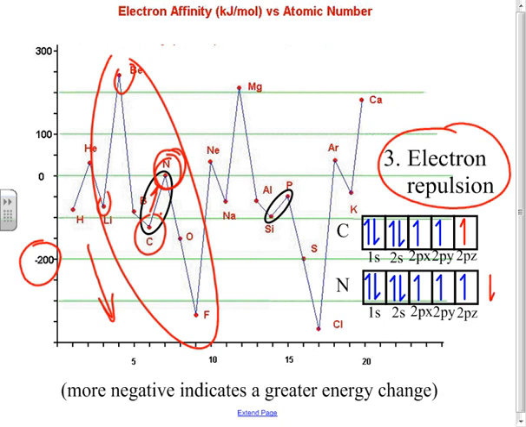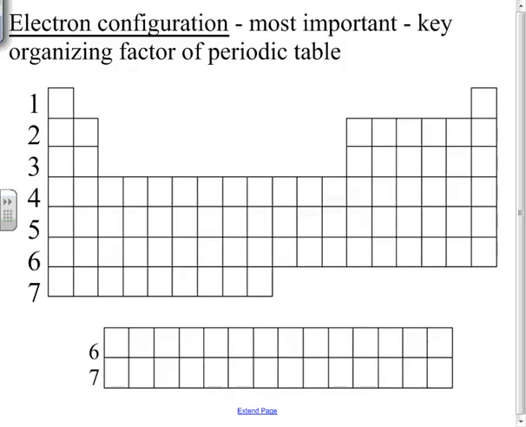If we add an electron to nitrogen, now we're adding it to an orbital that already has an electron. That creates electron repulsion. Electron repulsion is going to be unstable. That means a higher energy. And so by adding that electron, you're creating instability and therefore a higher energy level. And again, lower energy means more stable.